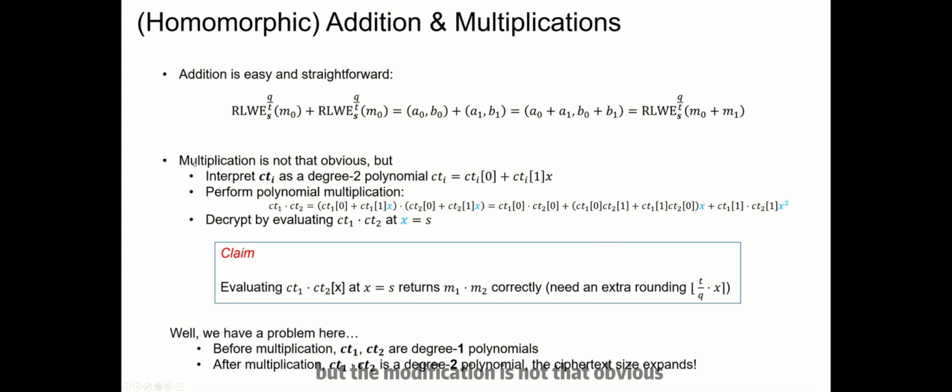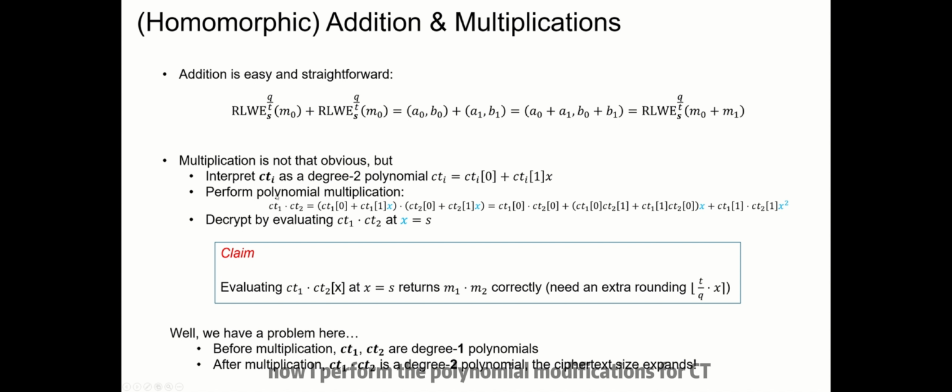But the multiplication is not that obvious. There's no straightforward way we can do that. However, if we interpret the ring LWE encryption as a degree 1 polynomial, for example, CT1 is the ring LWE encryption, and it has two elements, CT1,0 and CT1,1, now I represent it as a polynomial.